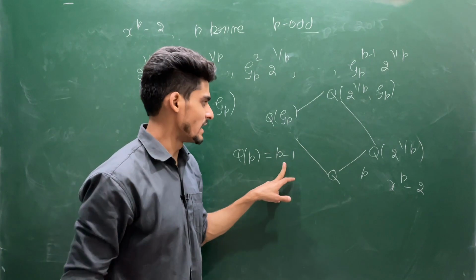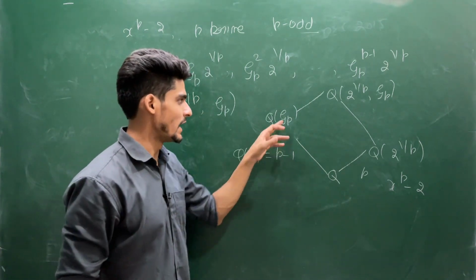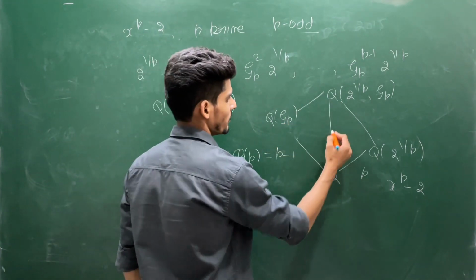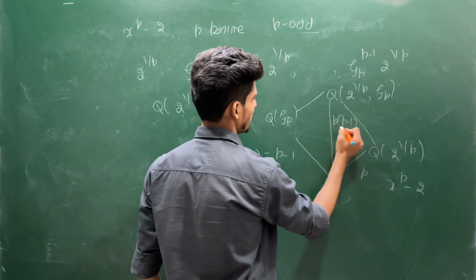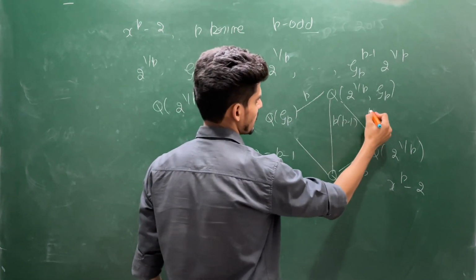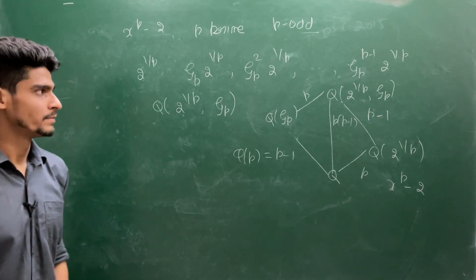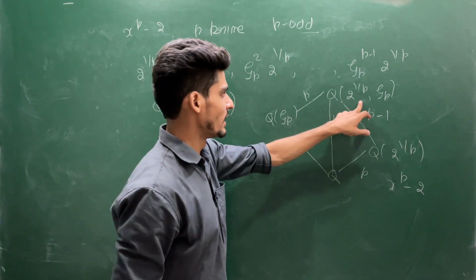This p and p minus 1 both are prime. So if you are landing into this, then it will be p times p minus 1, because this is of degree p and this is of degree p minus 1. Because here you can think in this manner.